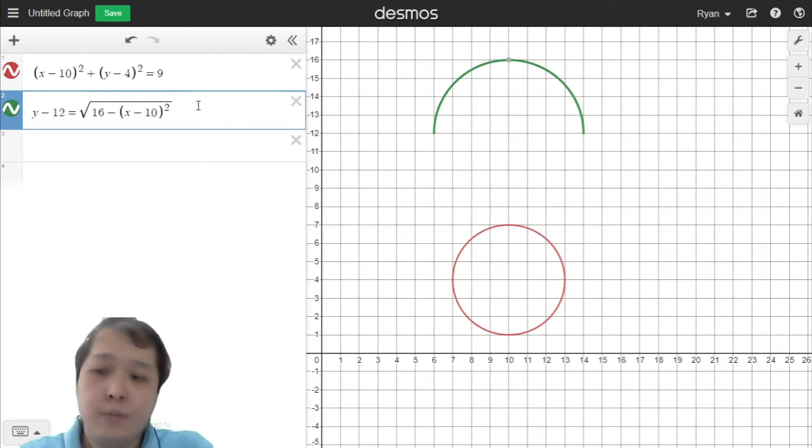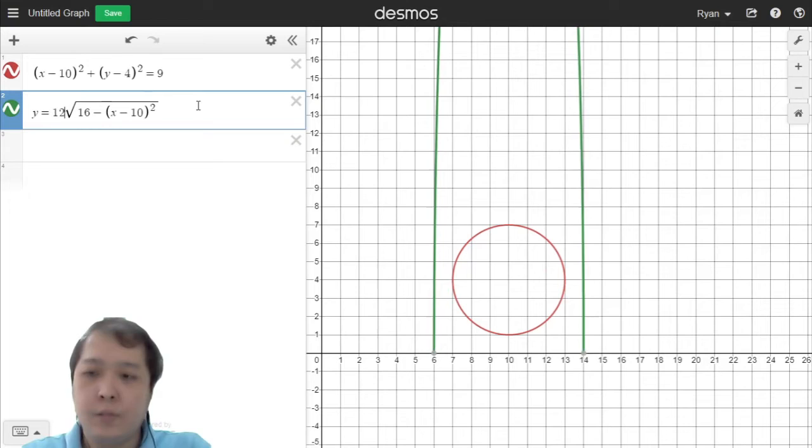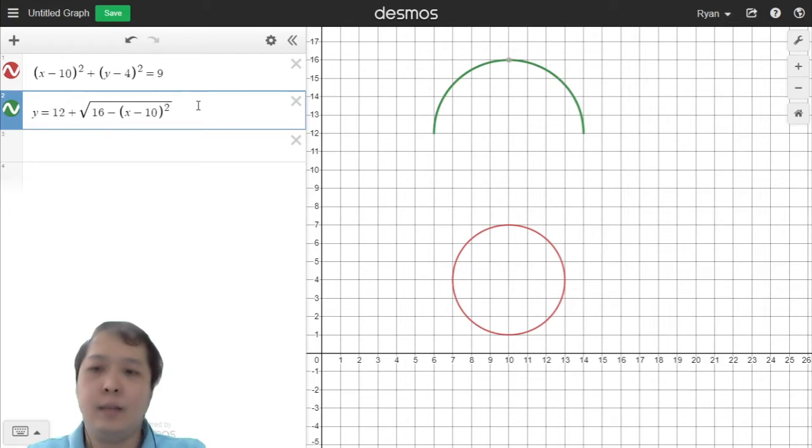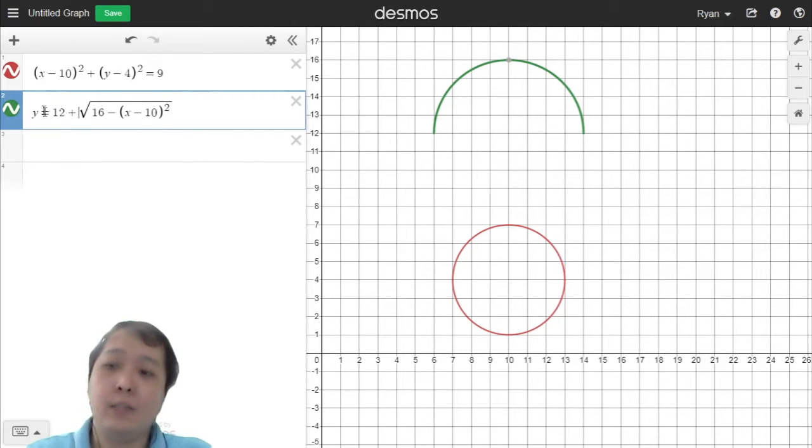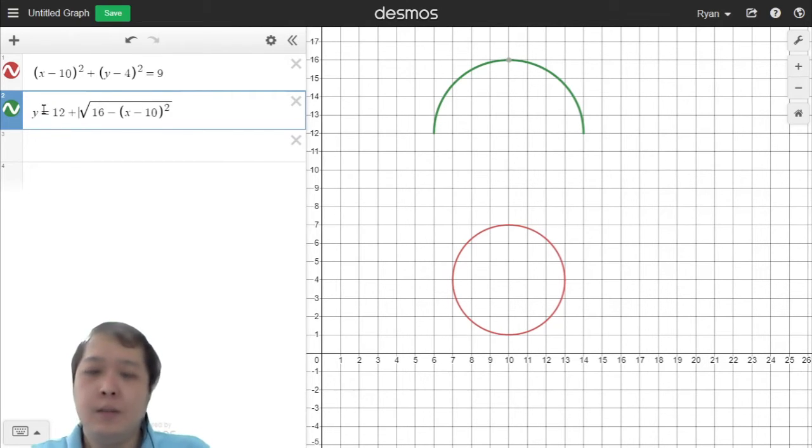We can write it this way, or we can also put it as 12 here. It looks better, but it's just the same, because in this way the left hand side is only the y part, so y is the subject of this equation. And remember, again, this is only a modification of the standard form of the circle equation.